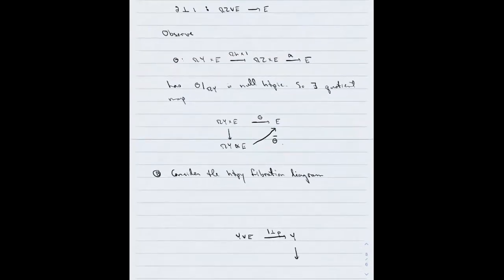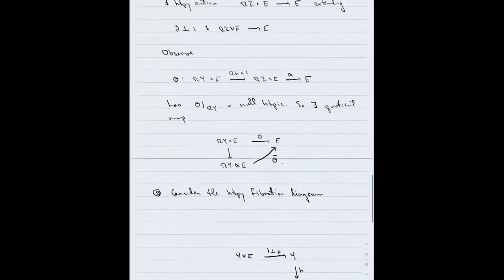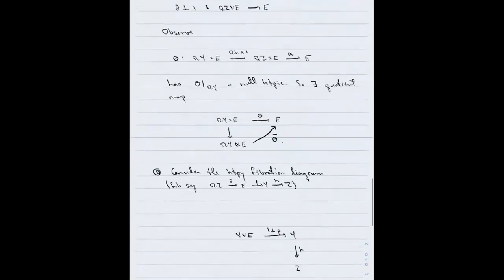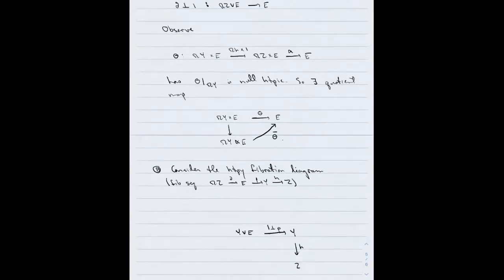If you map this down into Z, so again, remember, here's our fibration sequence, and precompose, then the composite's determined by what happens to each wedge summand.